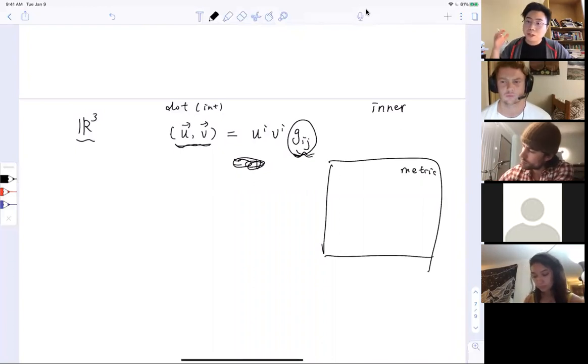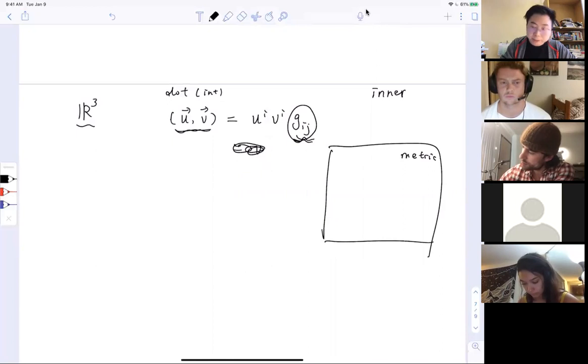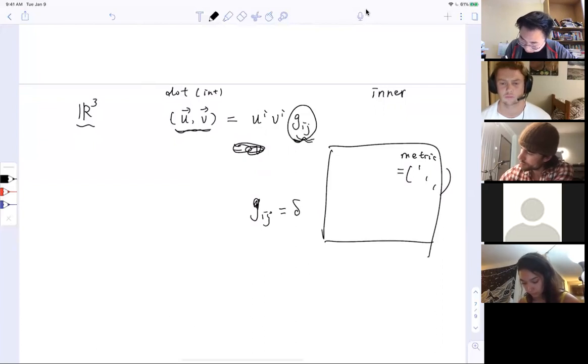When you have the metric, you can measure the distance, and you can measure the angle between different vectors. In 3 dimensions, in our case, the metric is 1, 1, 1, so this metric tensor g_ij is delta_ij.